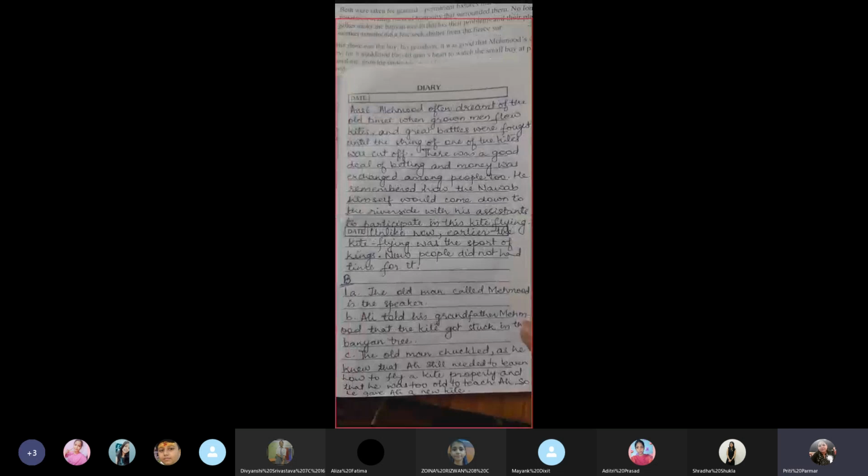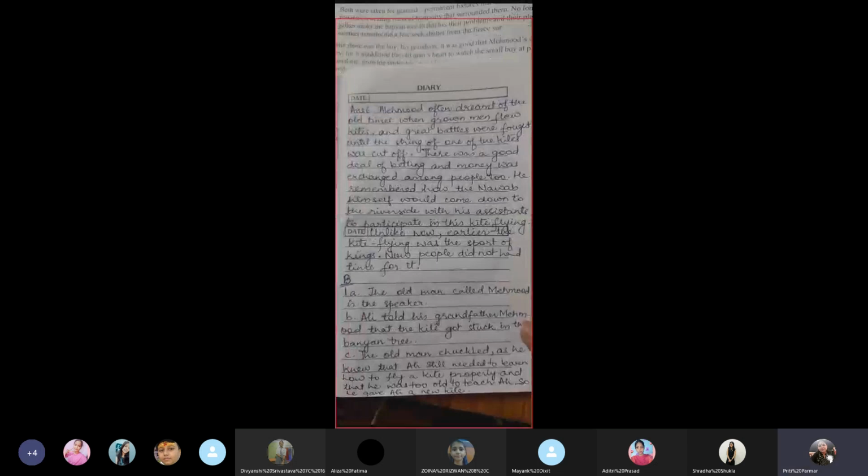He remembered how the Nawab himself would come down to the riverside with his assistants to participate in this kite flying. Unlike now, earlier the kite flying was the sport of kings. Now people did not have time for it.